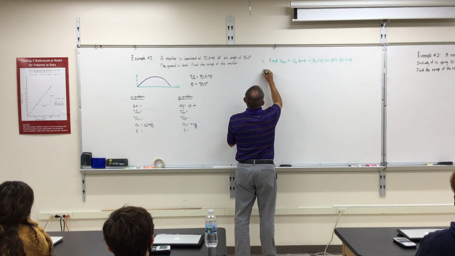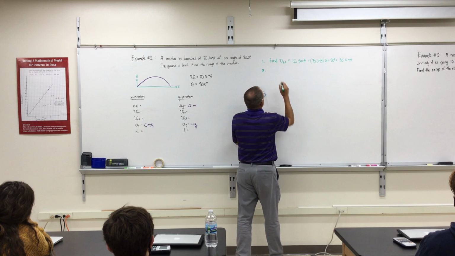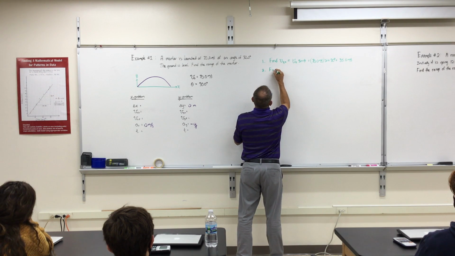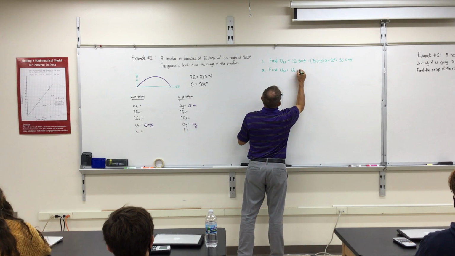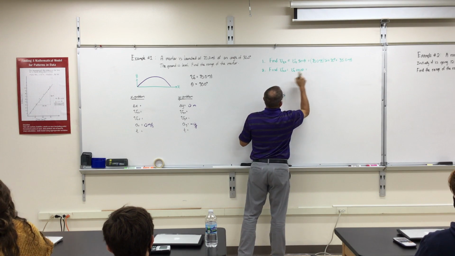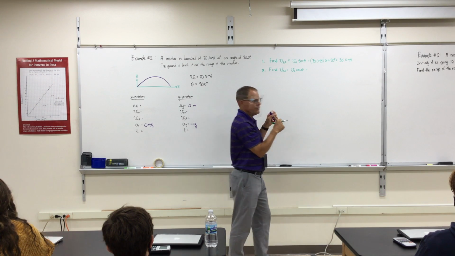We can also figure out how fast it's going horizontally. So we can find the initial velocity in the x direction. That's the initial velocity times the cosine of theta. You guys have those in your toolbox, right? If not, put them in there.